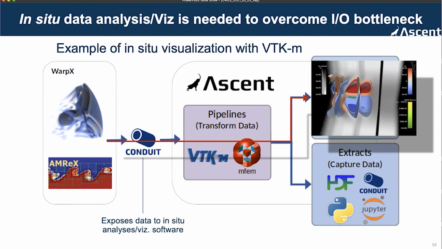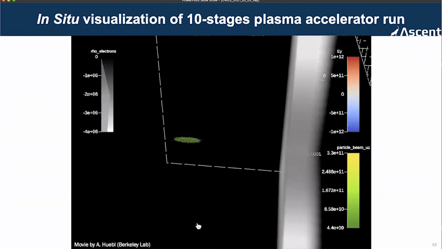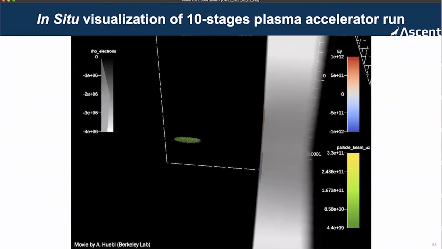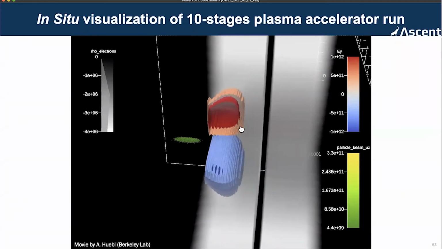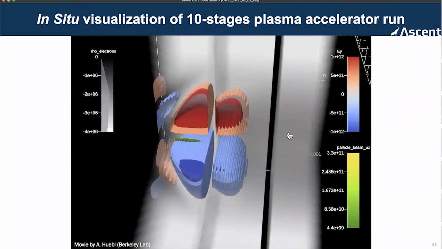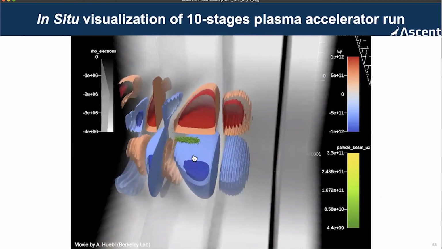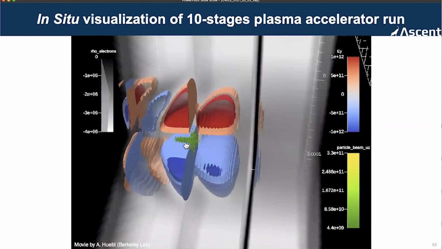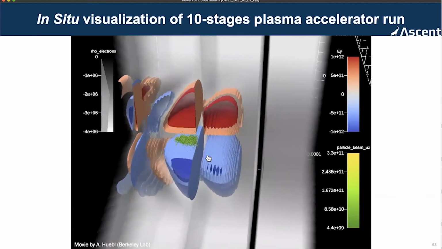That means that in that case, the images were created as the simulation was running. And you see this movie here that was done by Axel Huebl. This is the transverse electric field along the y dimension, which is the vertical axis. You see the beam that is going from one stage to the next, being defocused and then refocused. We didn't represent the plasma lens yet in this simulation.